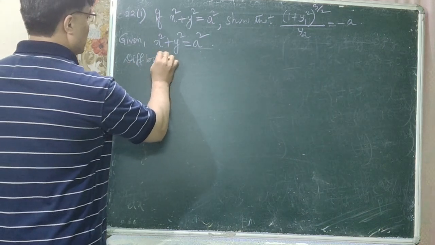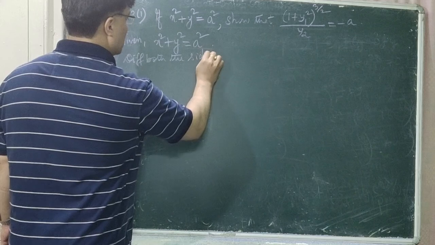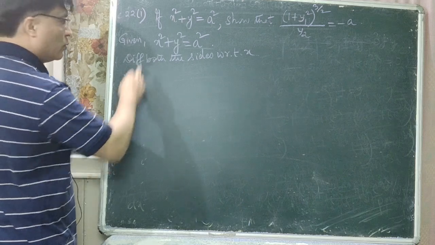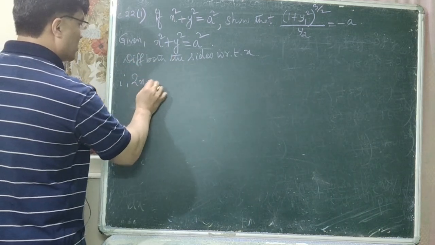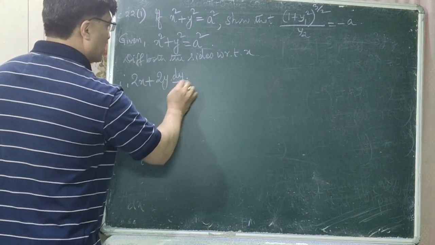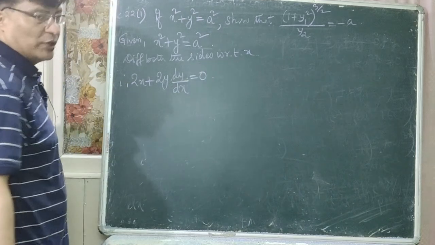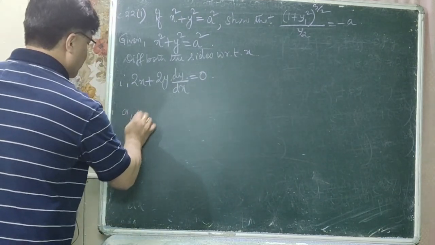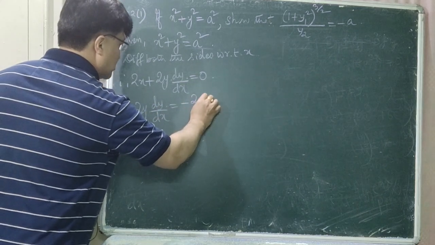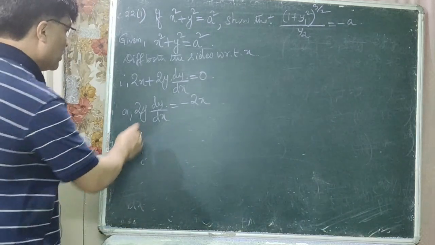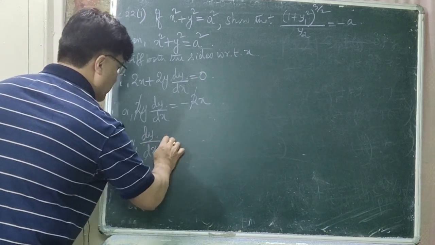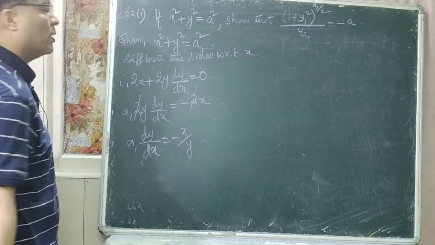So differentiating both the sides with respect to x, what is the differentiation of x square with respect to x? 2x plus differentiate y square with respect to x, 2y into dy by dx, which is equal to 0, right? So now this is 2y into dy by dx is equal to minus 2x. Is that clear? So here you can cancel this, 2 gets cancelled, and what is dy by dx now? So dy by dx is equal to minus x upon y.